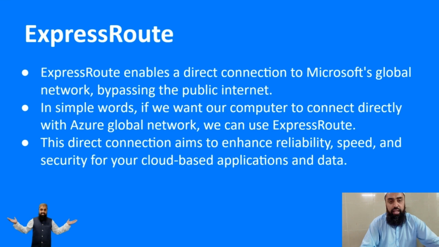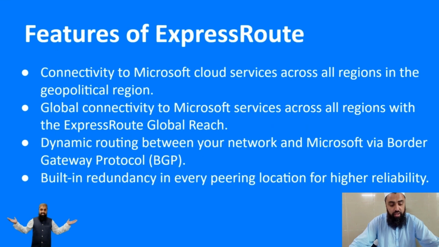I can use ExpressRoute. It will bypass the internet, and I would be directly connected with Azure's global network. So this is what ExpressRoute is used for. There are more additional features of ExpressRoute, like connectivity to Microsoft Cloud services across all regions in the geographical region, global connectivity to Microsoft services, dynamic routing, and built-in redundancy in every peering location for high reliability.